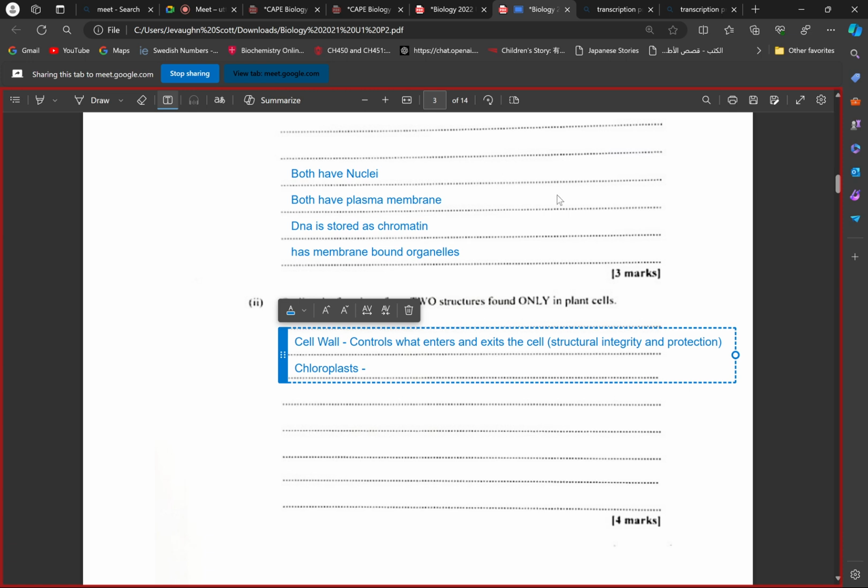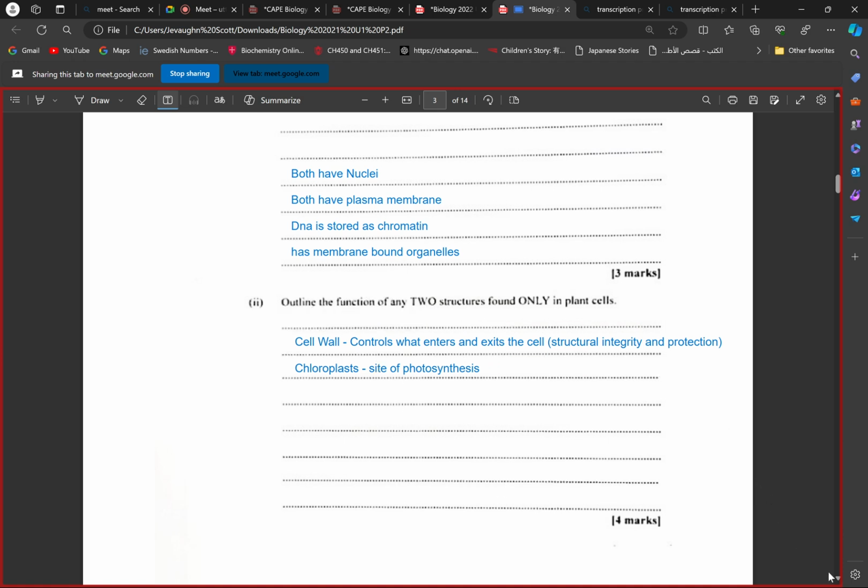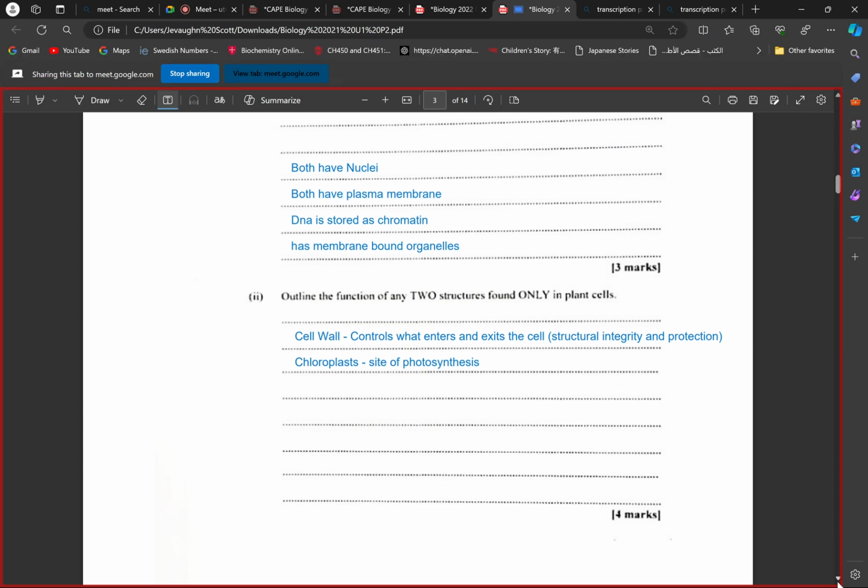Right, it's the site of photosynthesis. Just basically outline the function of those things. It converts light energy to chemical energy for growth, yes, which is photosynthesis. Lovely. Any way you want to put it, it's still going to be the site of photosynthesis. Alright, lovely.